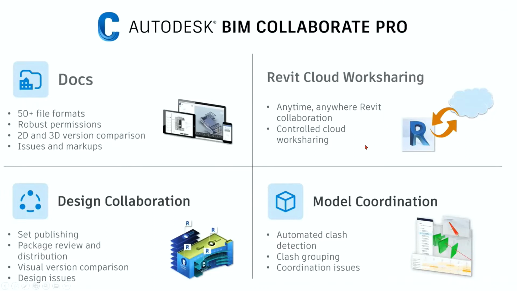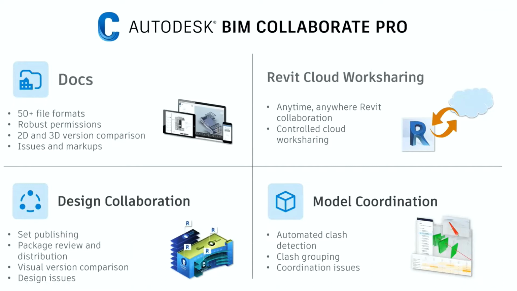Of course, one of the biggest things is the Revit Cloud Worksharing, which allows you to connect your Revit to the cloud platform and collaborate within a virtual environment. So there's no need for a remote internal system, I like to say. The next module that will be available is design collaboration.